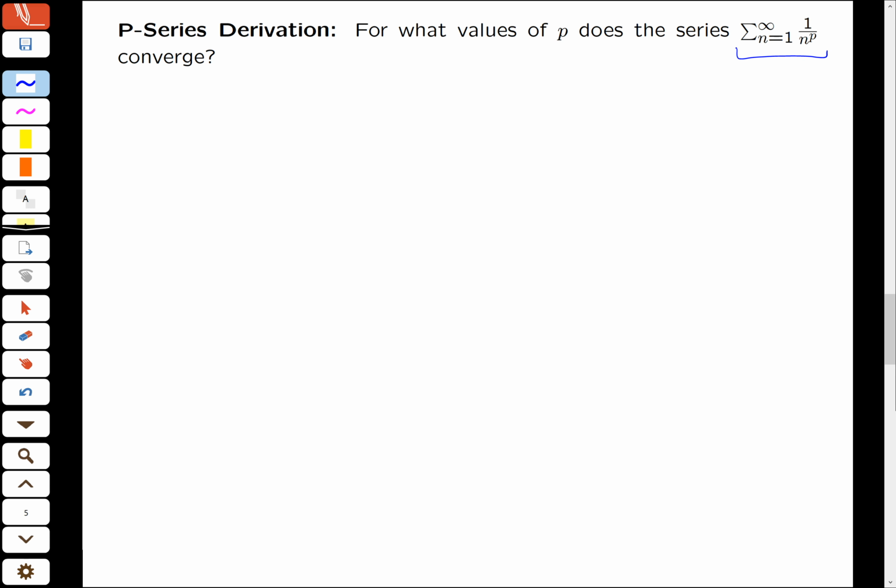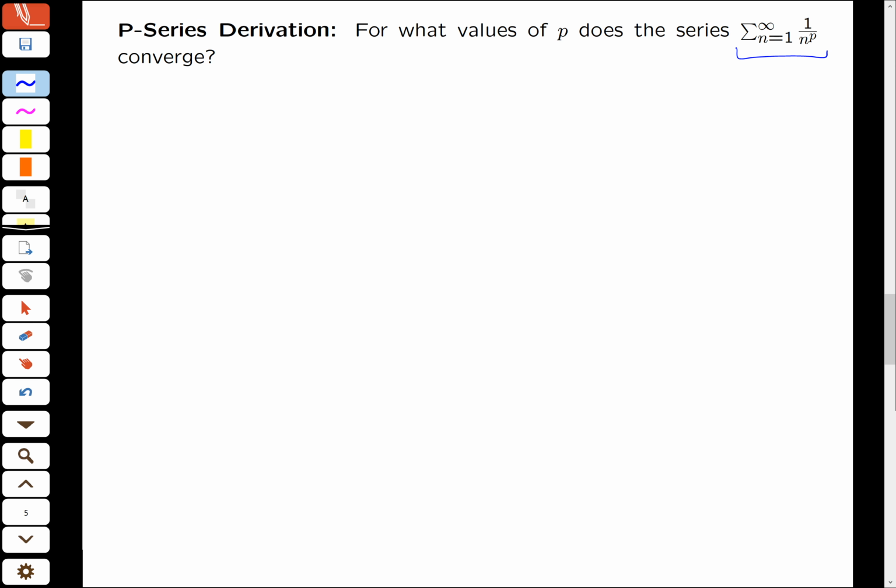You don't have a case where it does something else. If that part doesn't work, if it isn't positive, continuous, and decreasing, you have to use a different method. But you can always evaluate your integral.